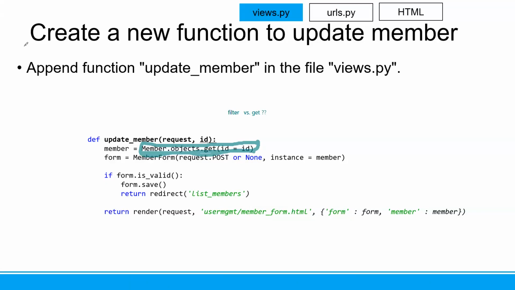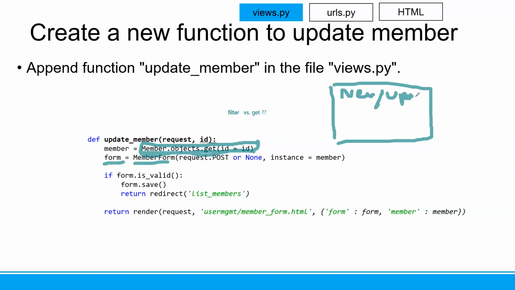And then next is when we have the form. The form that we use is from the member form. So you see the new or update form is from the member form.